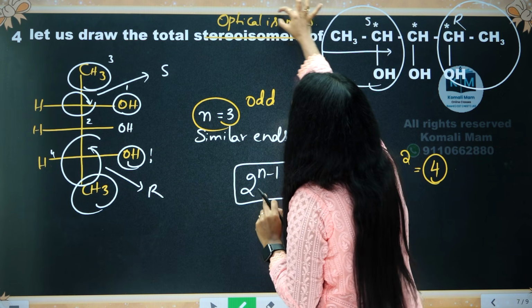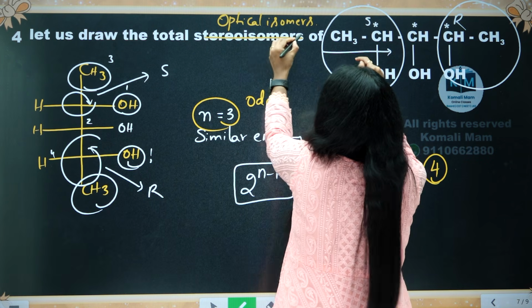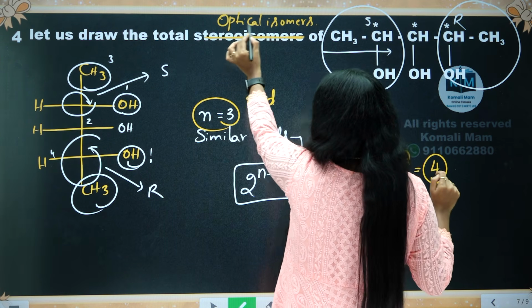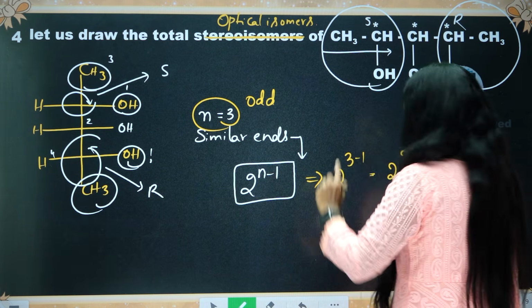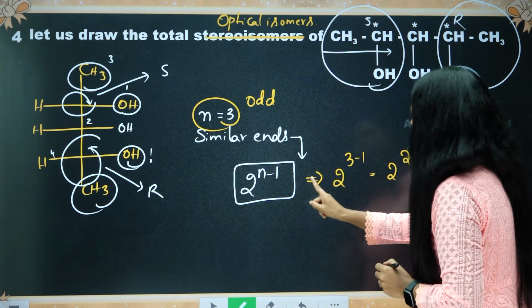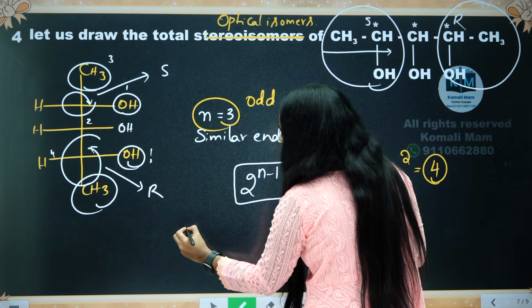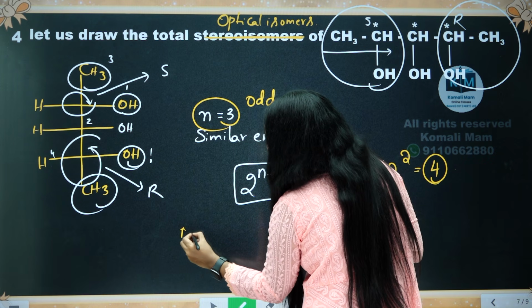What I'm teaching you is optical isomers. So here both are the same, but let's change the question into optical isomers to avoid confusion. Previously also, wherever it comes, it is an optical isomers question. This is 4.